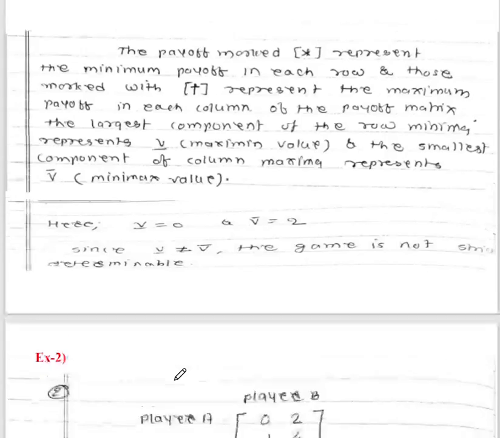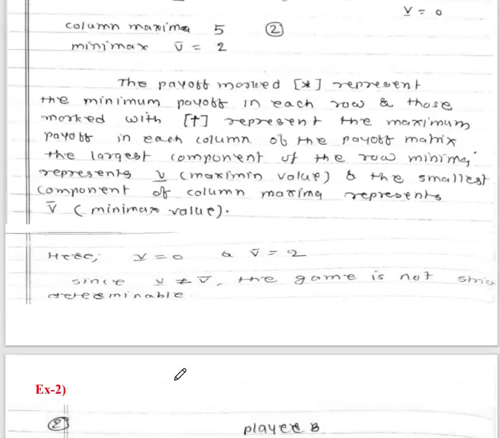When maximin and minimax are not equal, we can say that the given game is not strictly determinable. Second point: if lower V bar equals upper V bar equals any constant value, then the game is strictly determinable but not fair.